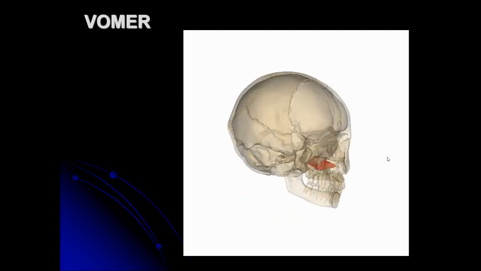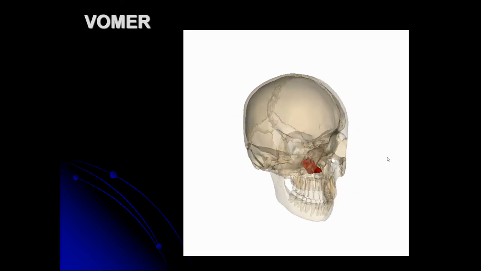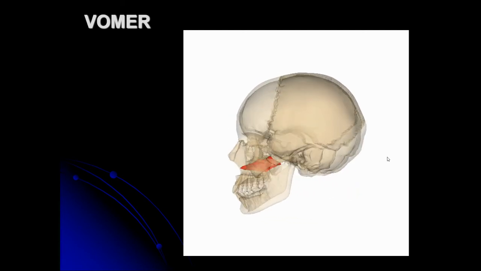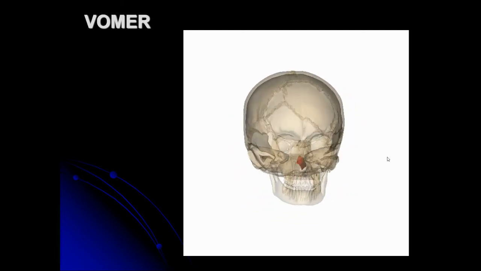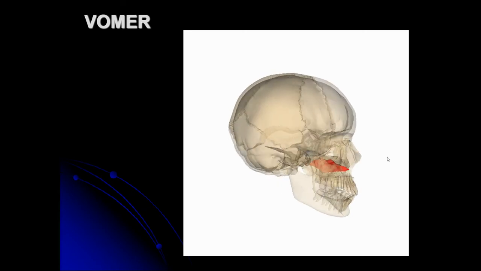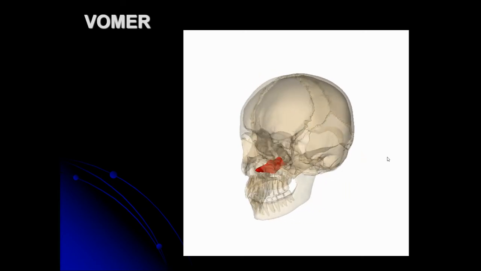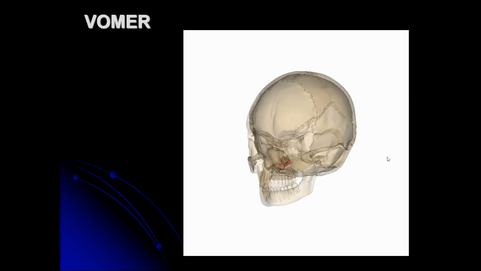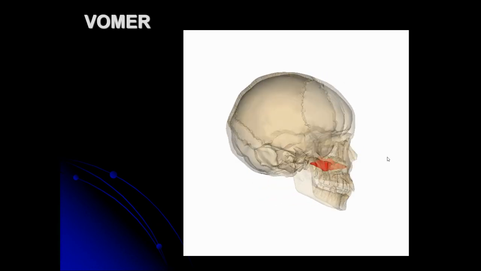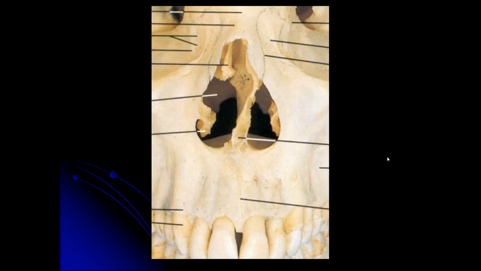Another bone is the vomer. So the word vomer means plow, and it's shaped very much like a plow. Well, this helps to divide your nasal cavity in half. It forms the inferior part of your nasal septum. And so if you look here, you can see this septum.